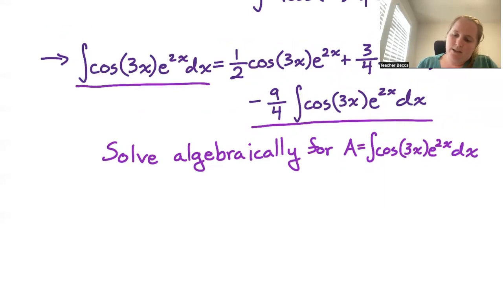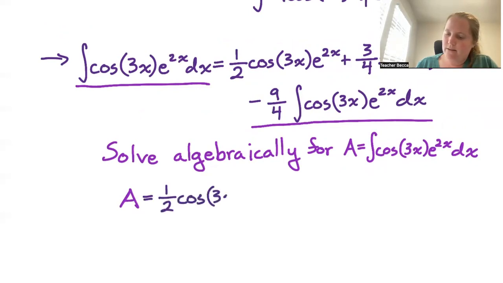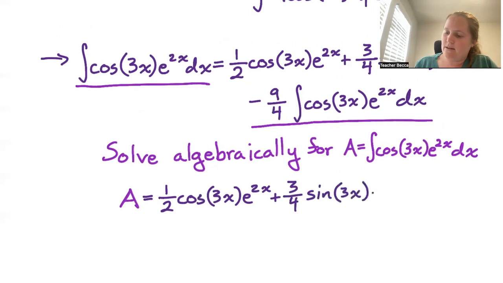So this becomes A equals 1/2 cosine of 3x e to the 2x plus 3/4 sine of 3x e to the 2x minus 9/4 times capital A.